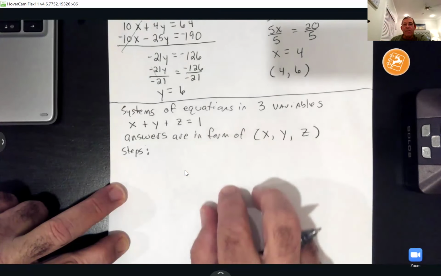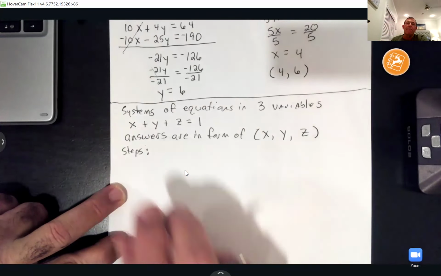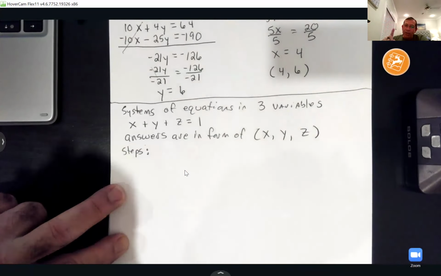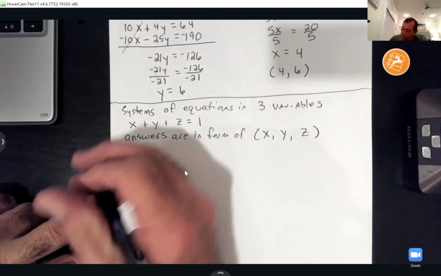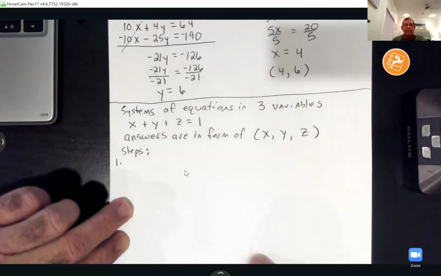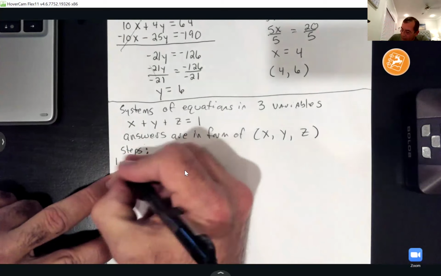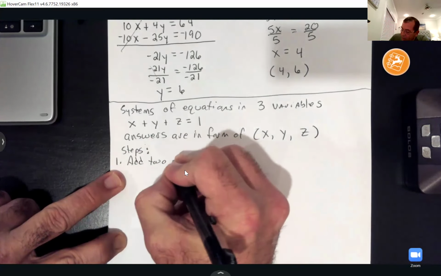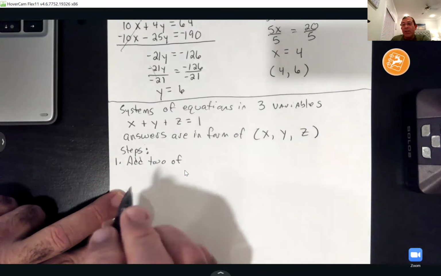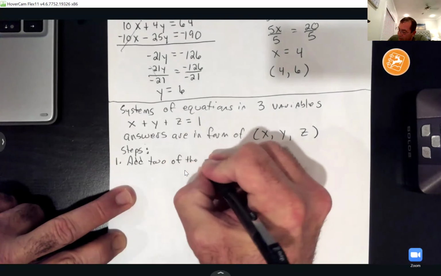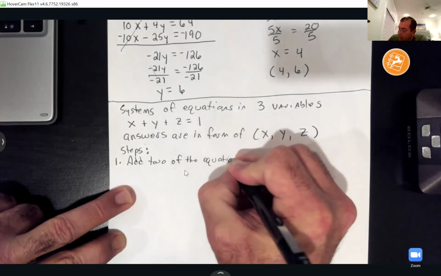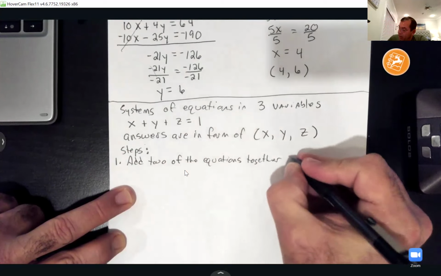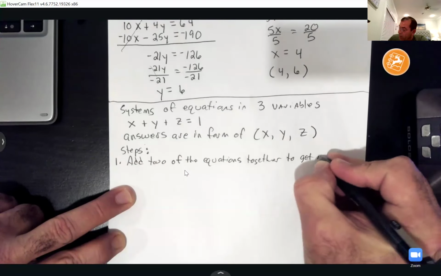And then we finish solving the 2 variable like we did up here. Then we do a lot of back substituting, okay? So the first thing you want to do, add 2 of the rows. Actually, how about this? Add 2 of the equations together to get rid of one of the variables.